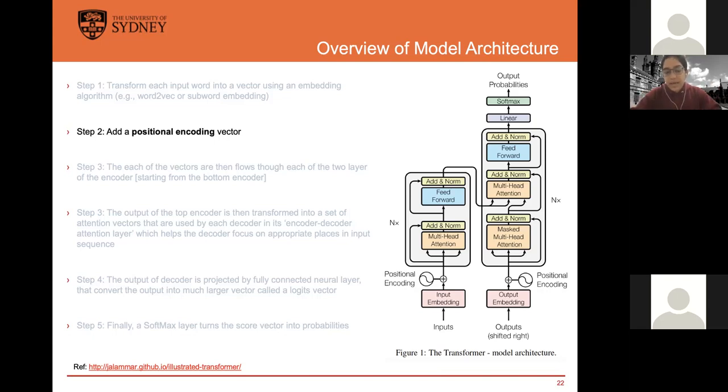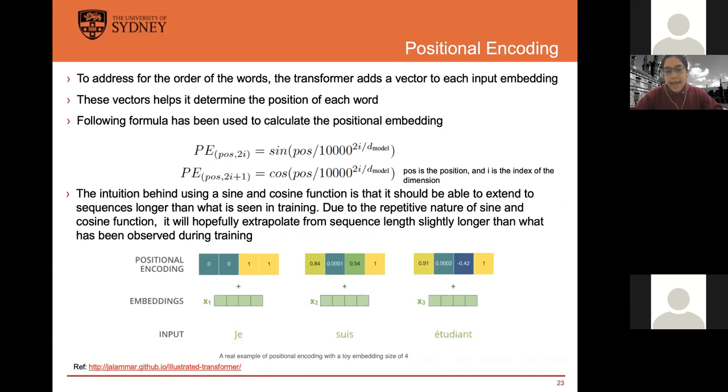In any translation problem, the order of a sequence is important, right? If you change the order, the meaning can change drastically. So in this step, we add positional encoding to account for this order.